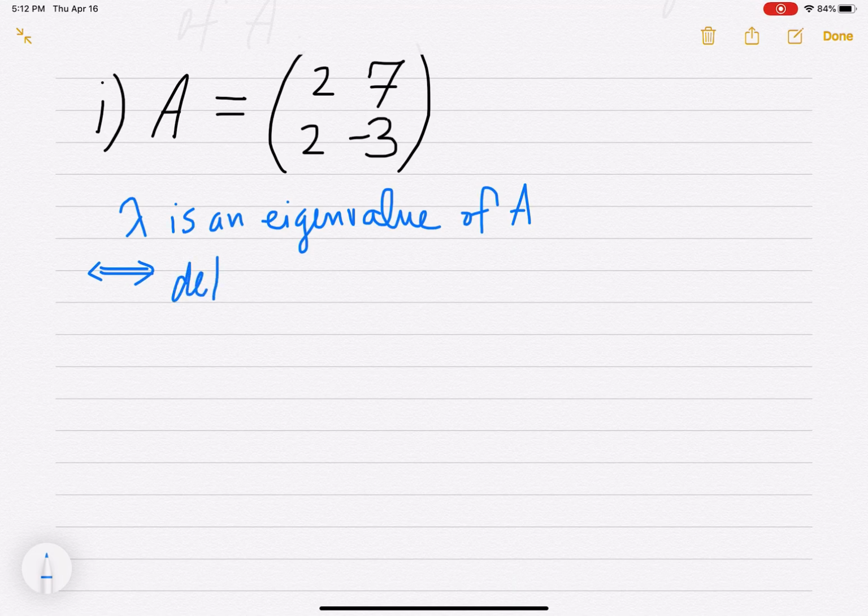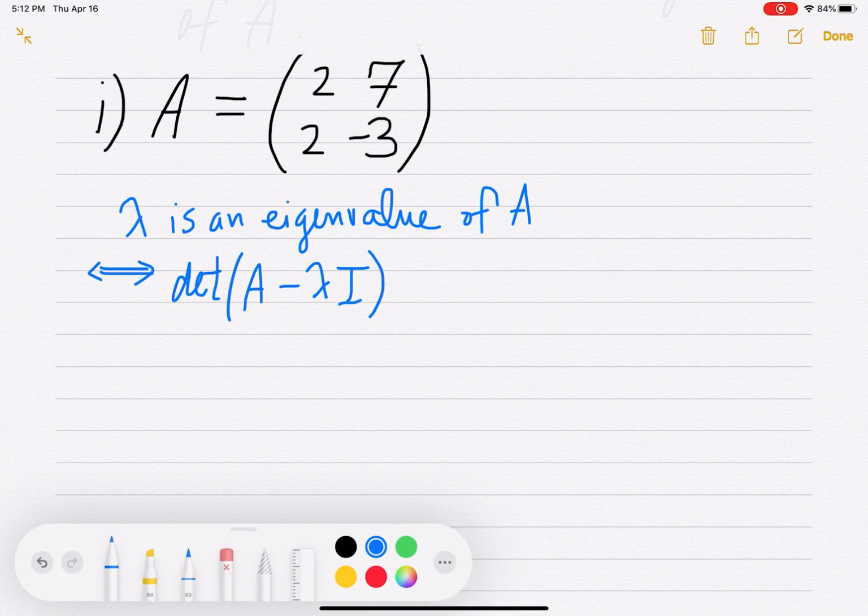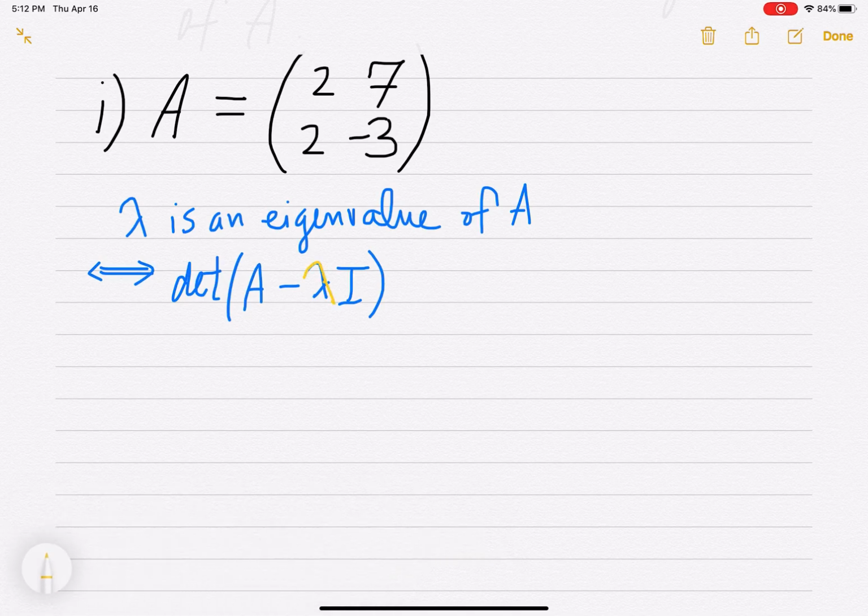Determinant of A minus lambda I, that's the characteristic polynomial evaluated at lambda, right? We're just plugging in, instead of an x, we're plugging in a lambda for x. That should be 0. This is the characteristic polynomial right here, determinant of A minus lambda I, that's called the characteristic polynomial.